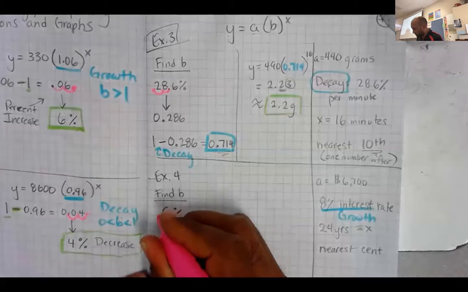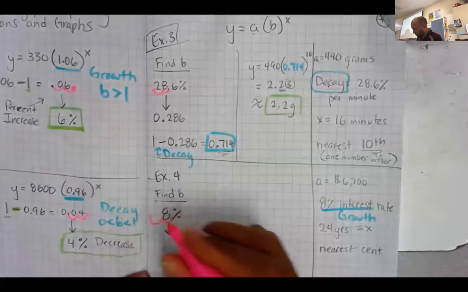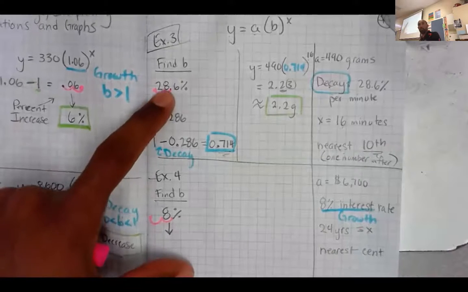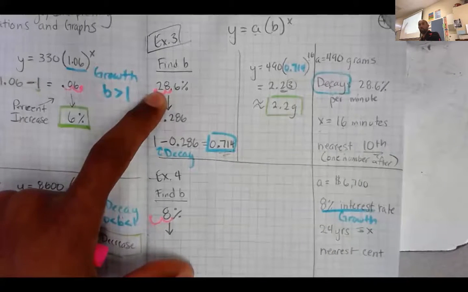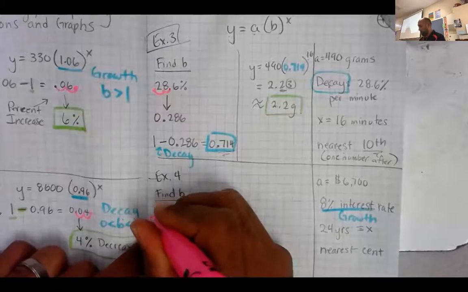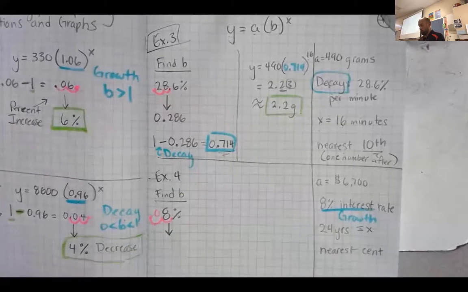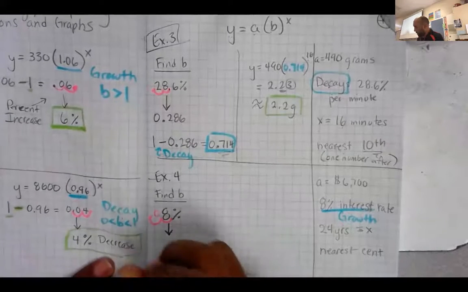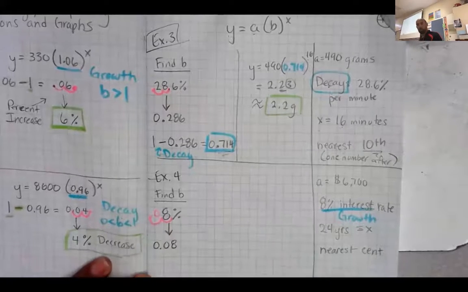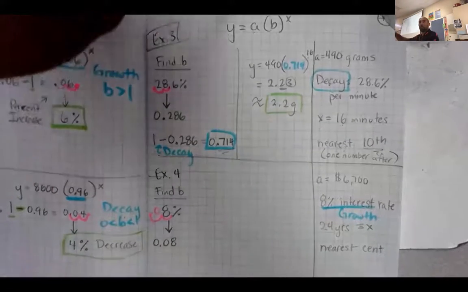I go 1, 2. Now notice I skipped the space. There's nothing there. Like here, there was a number in that space, so I didn't have to add anything extra. But because I got an open space, I got to include a 0 there. All right, so now my converted decimal is 0.08.